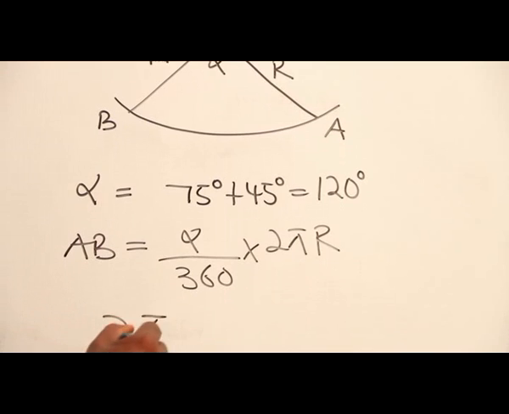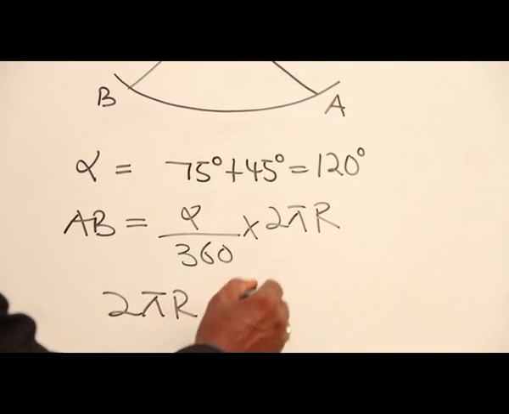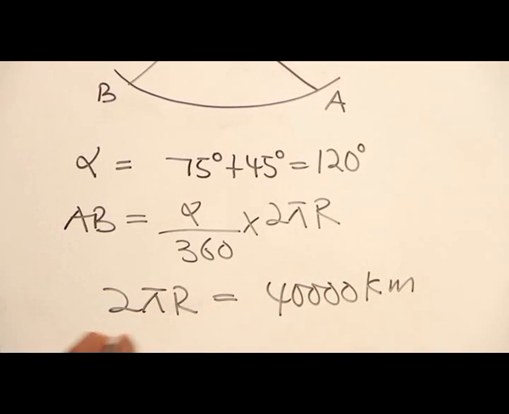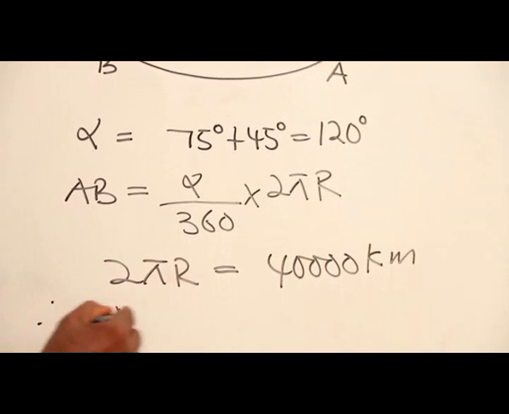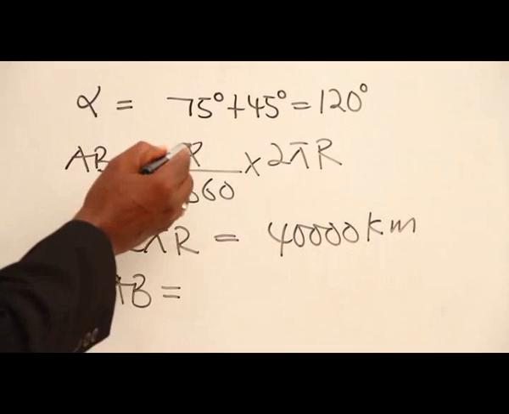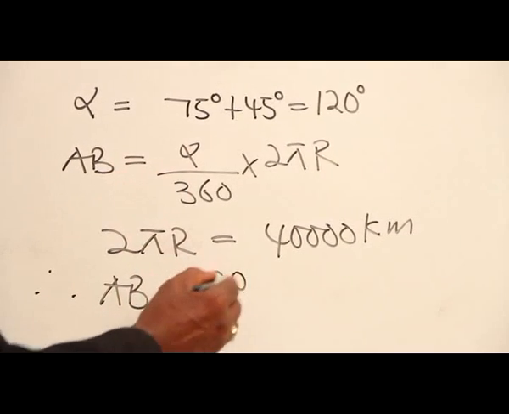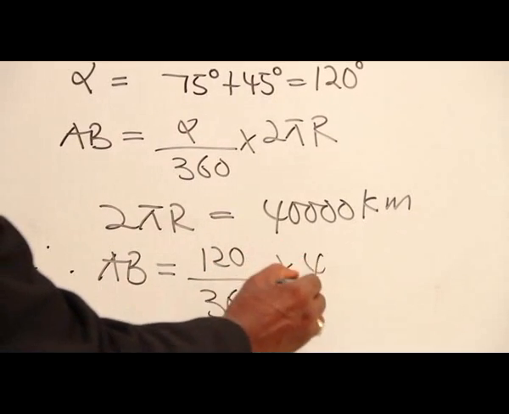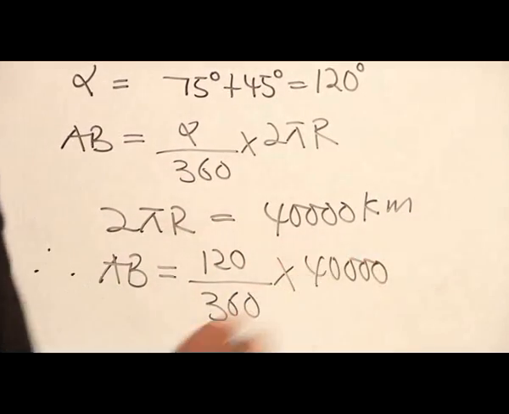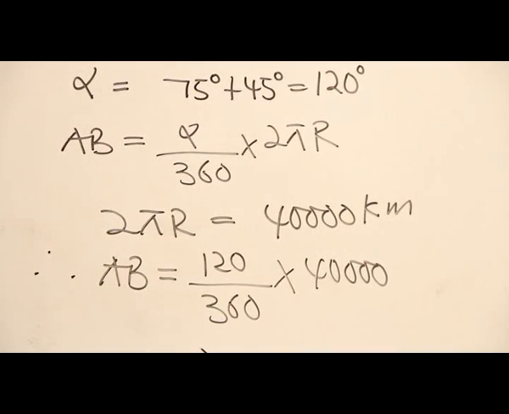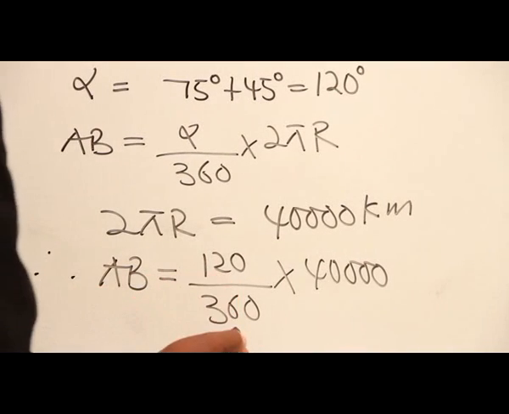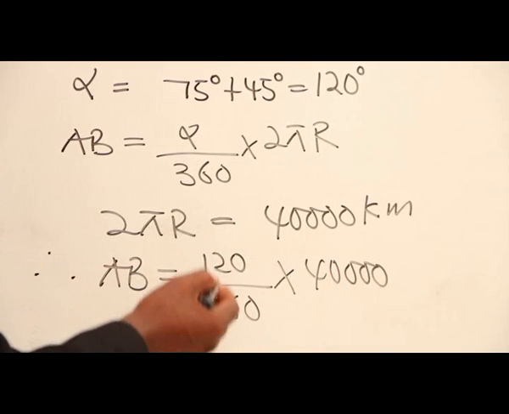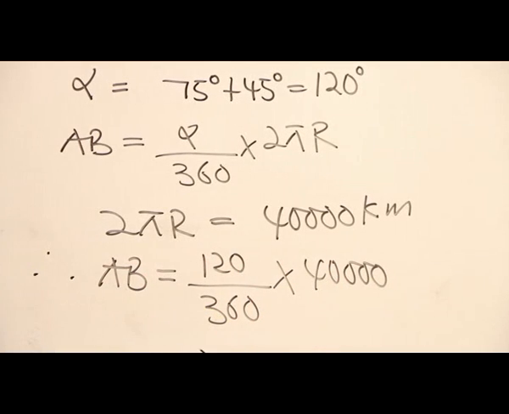So if we use 2 pi R as 40,000 kilometers, then AB will be equal to 120 over 360 multiplied by 40,000 kilometers. And of course, from what you can see there, this is 1 over 3, and the zeros cancel.